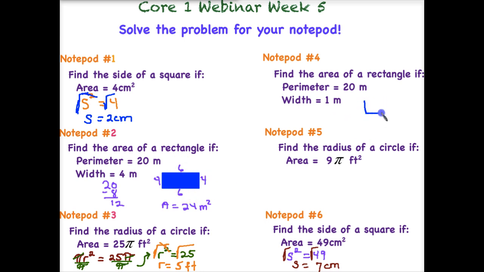So again, we have one of those rectangle ones. And the width was 1, so these are each 1. If we take 2 away from 20, you'd get 18, and if we cut that in half, we would use 9 here and 9 here. So awesome job. You said that the area is equal to 9 meters squared, and you are exactly right, Cece. Very nice job today.